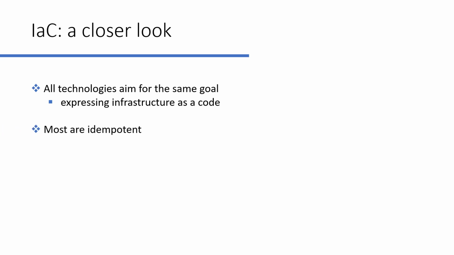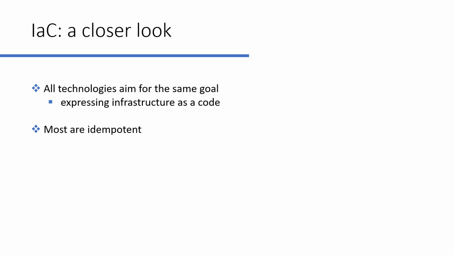Most of these technologies are idempotent. What does it mean? It means that if we run or issue the same command multiple times, it will lead to the same result. Why am I mentioning this? Because there are some technologies where, for example, if I create a resource using an Azure PowerShell command, chances are that the first time the command will complete successfully, but the second time I will get an execution error because the resource is already there.